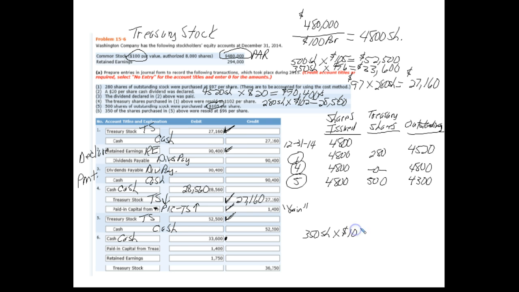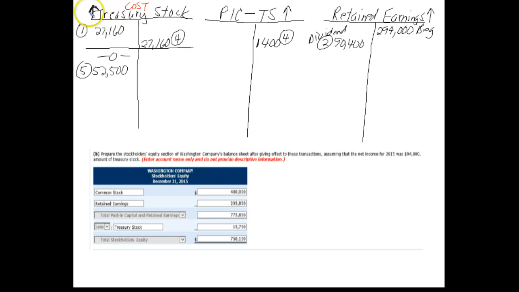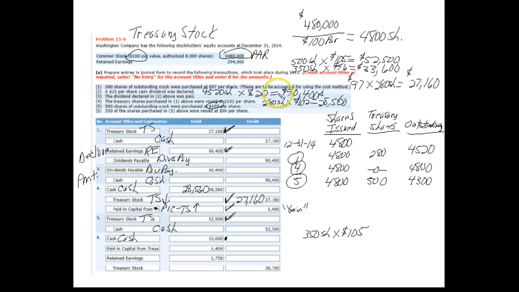I want to make a point here. If cost goes into treasury stock, then cost has to come out of treasury stock. So if we put it in at $105, then we've got to take it out at $105. So we want to take it out of the treasury stock at its original cost, which is $36,750.